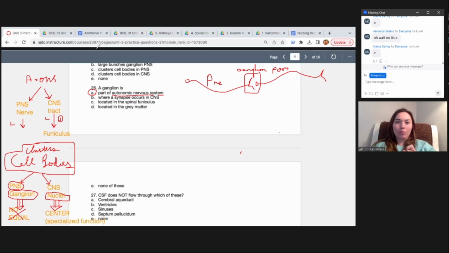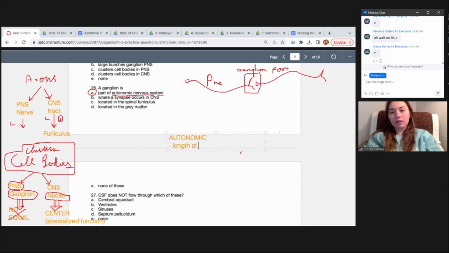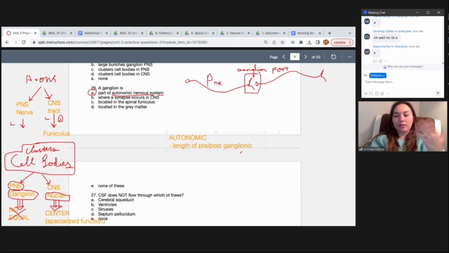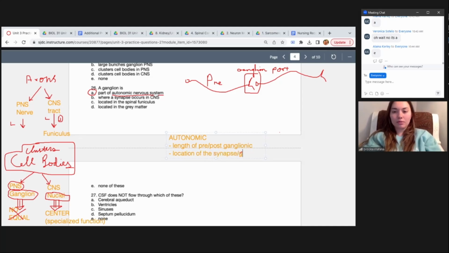So what would you want to know for the autonomic lecture? Your main thing you want to know is the length of the pre and post ganglionic. So like, is it long? Is it short for sympathetic, parasympathetic? You want to know the location of the synapse or the ganglion.